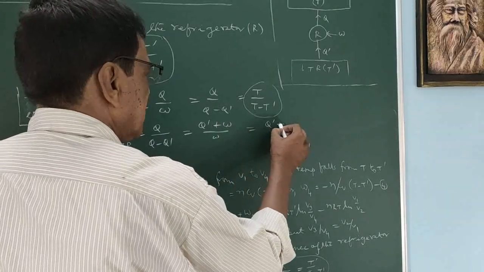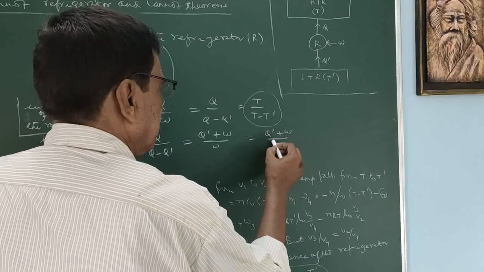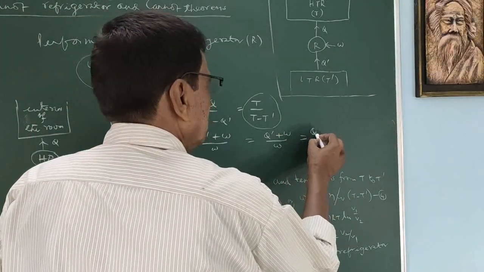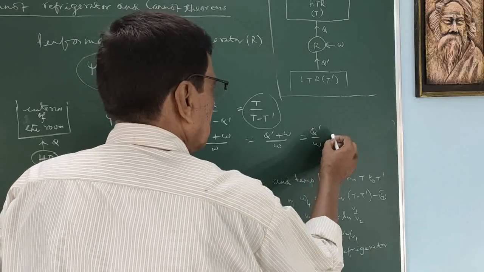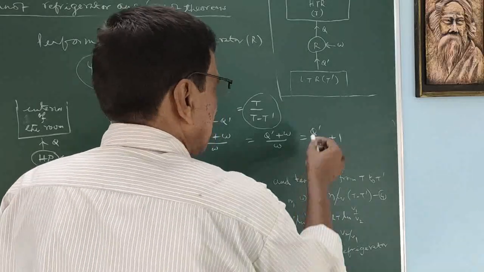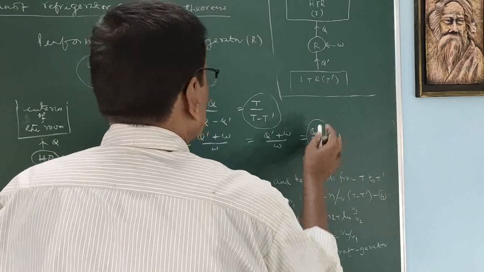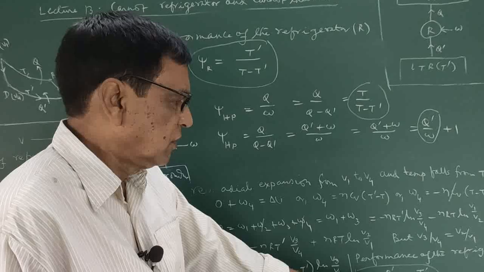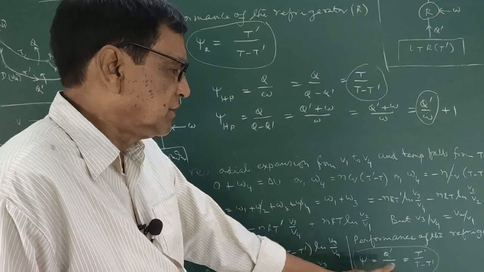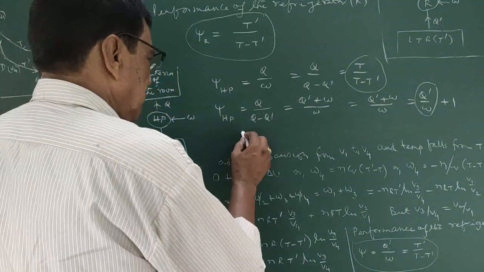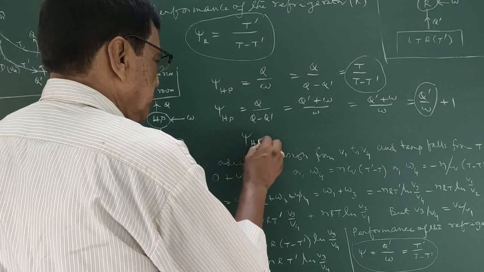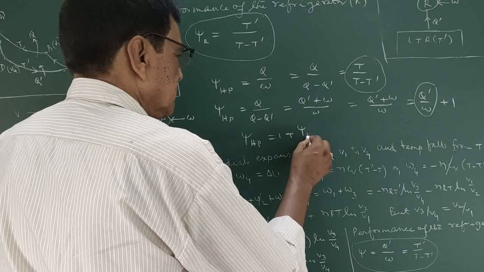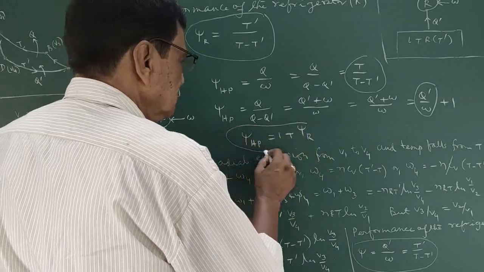So Q dash plus W divided by W equals Q dash by W plus 1, and this one is the efficiency, or performance, of this refrigerator. So the performance of this HP equals 1 plus the performance of this refrigerator.